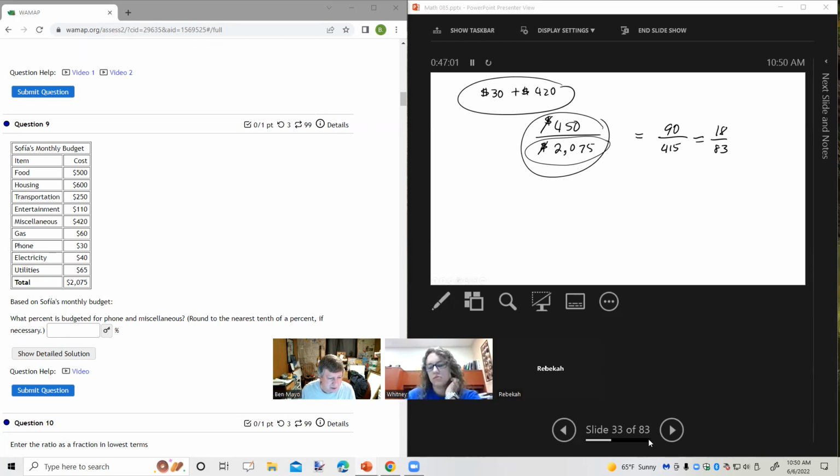Oh, round to the nearest 1/10 of a percent. That's how we're going to get away with the fact that this isn't a nice number. So I'm going to take that and change it into a percent.